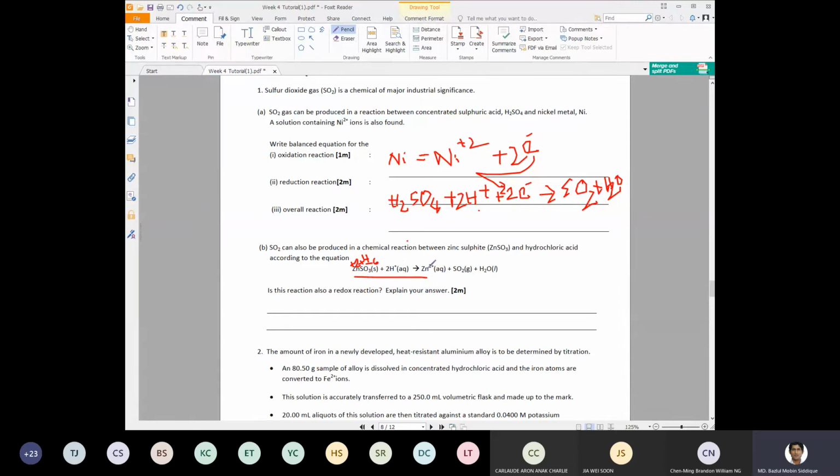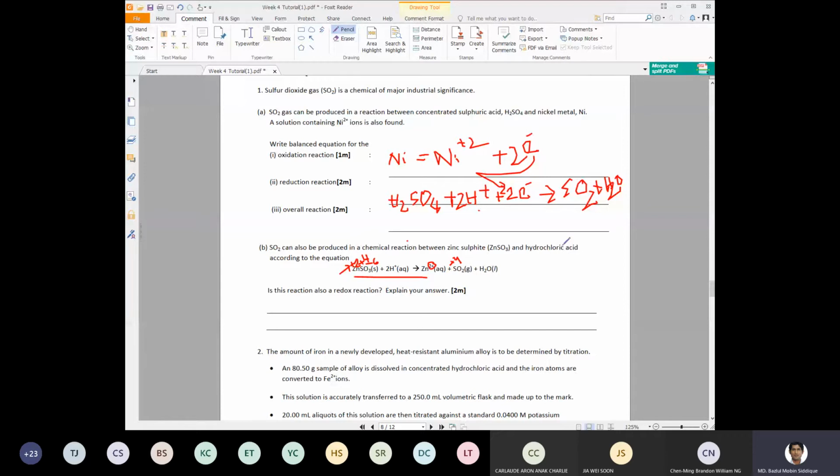On this side, zinc still has positive 2 charge, the same, and sulfur is positive 4 as well, and oxygen is -2. So there is no change in their oxidation state. Although the reaction is happening, there is no change in the oxidation state, so no oxidation reduction reaction is happening.